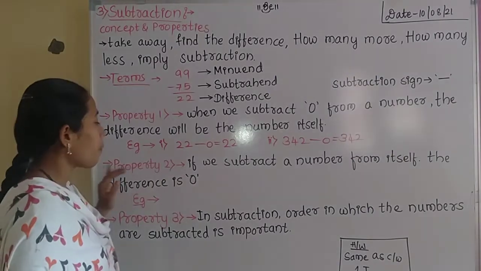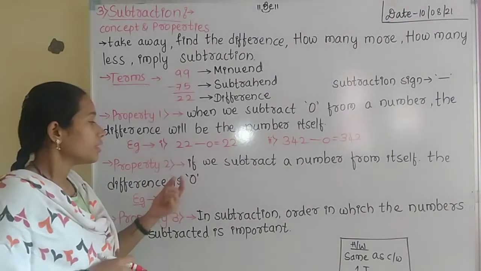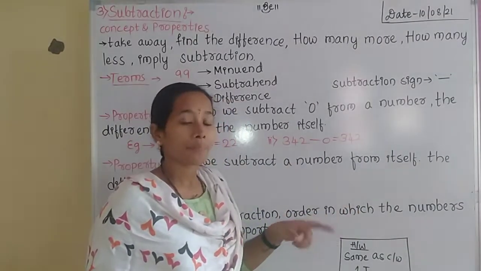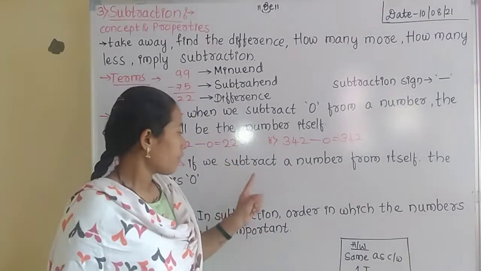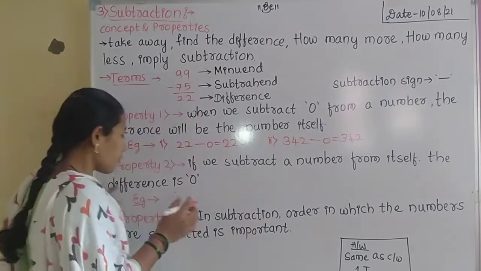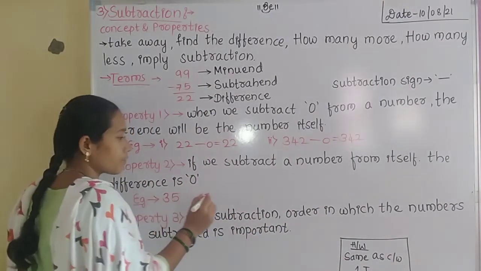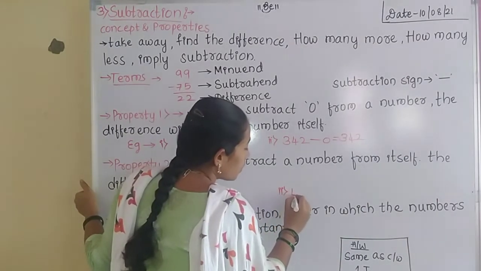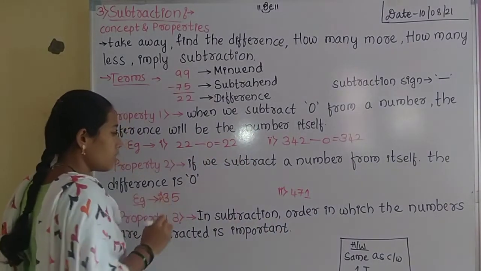Then next, property 2. What is the statement of property 2? If we subtract a number from itself, okay, according to the statement we have to write the example. Take one number first, a 2-digit number, 35, and a 3-digit number, 471.